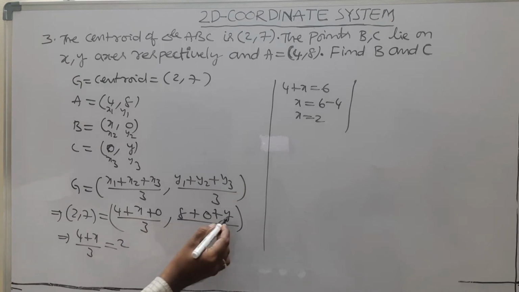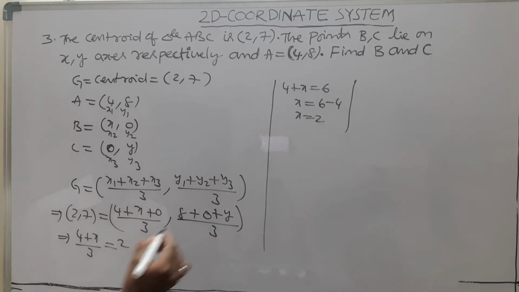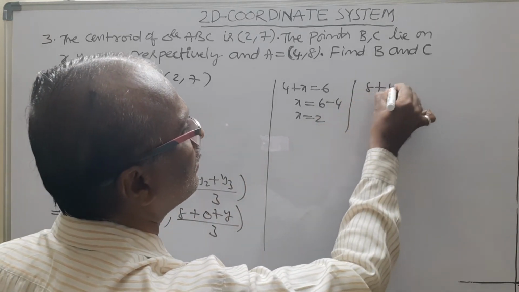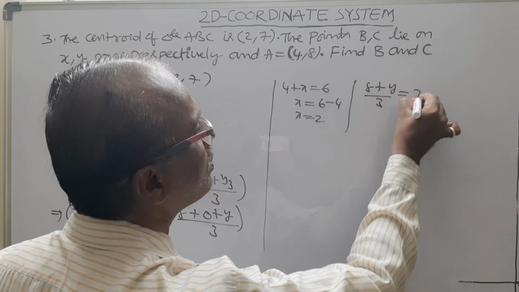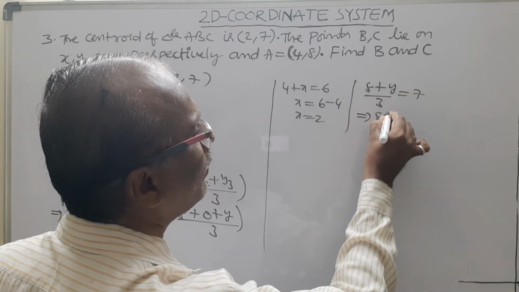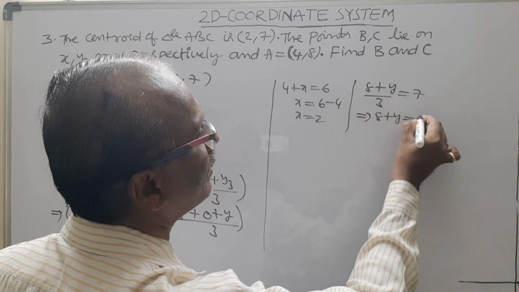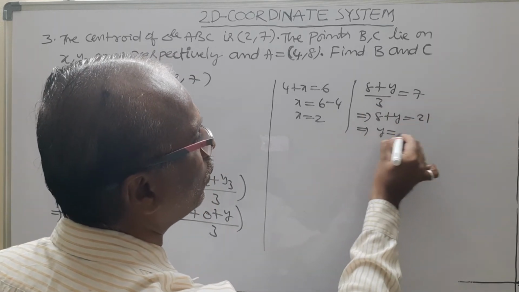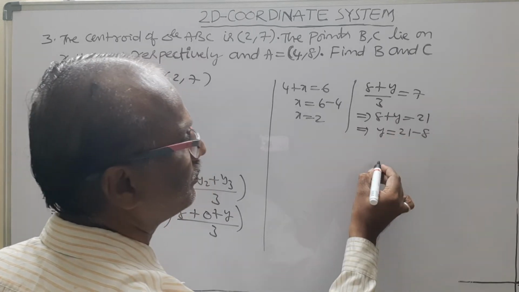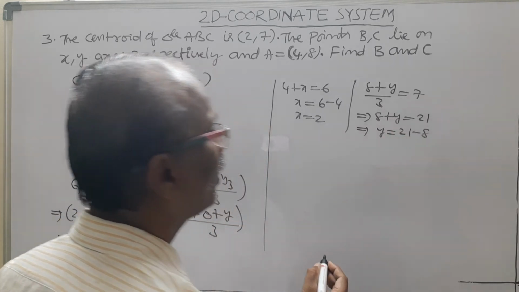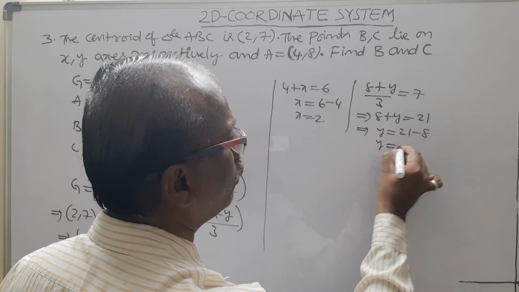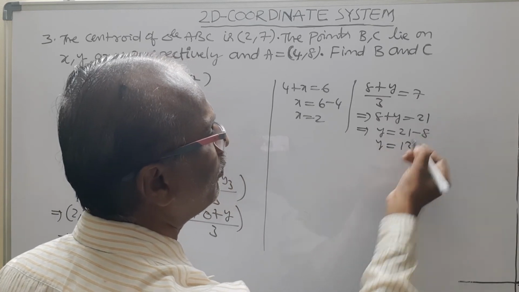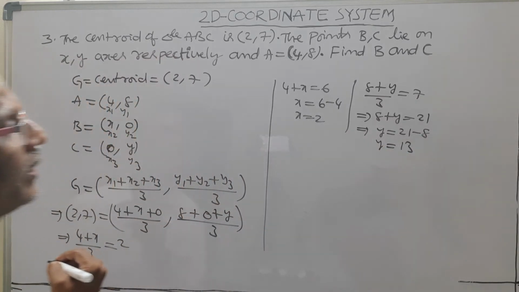Next, 8 plus y by 3 is equal to 7. 8 plus y is equal to 7 times 3, which is 21. y is equal to 21 minus 8, y is equal to 13. 21 minus 8, the result is 13.